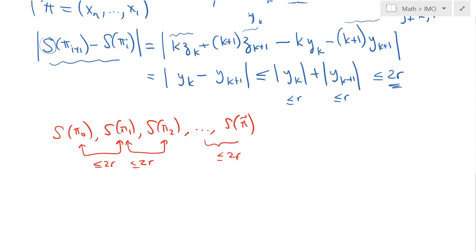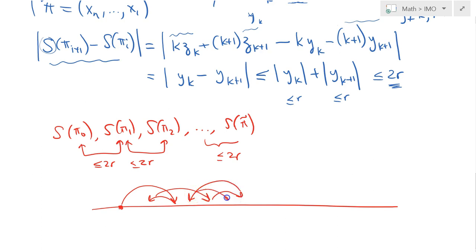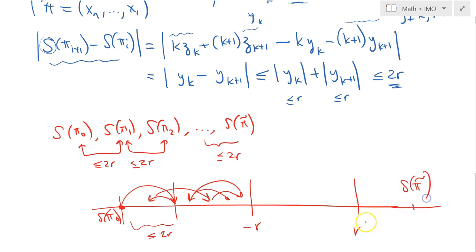So therefore, on the real line, our numbers will jump around. If this is s of pi sub 0, then we will make a jump, and then we will jump probably down, doesn't matter, then up, or down, something like this. But each time these jumps will be, in terms of size, less than or equal to 2r. But initially remember that s of pi sub 0 was less than minus r, and s of pi tilde is greater than plus r.